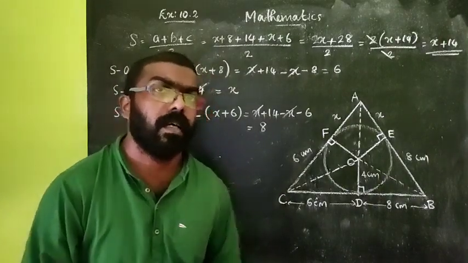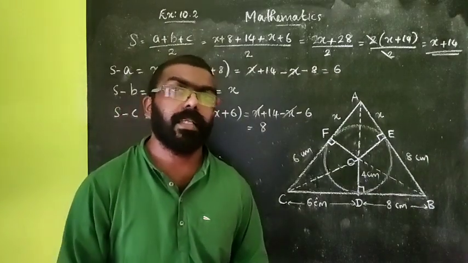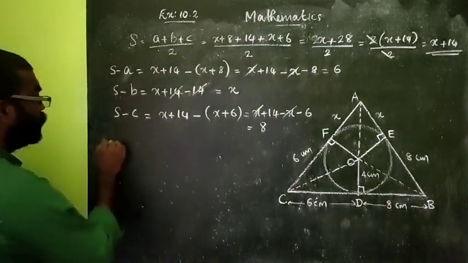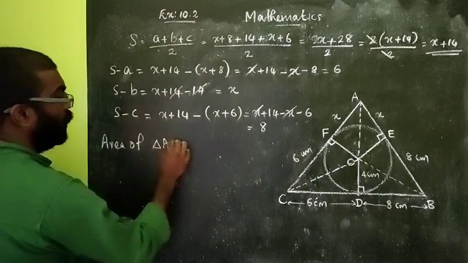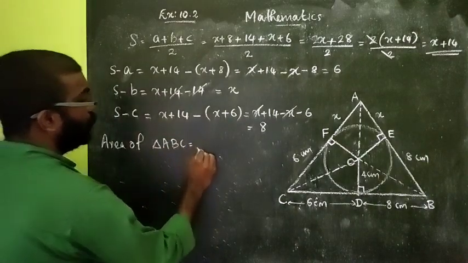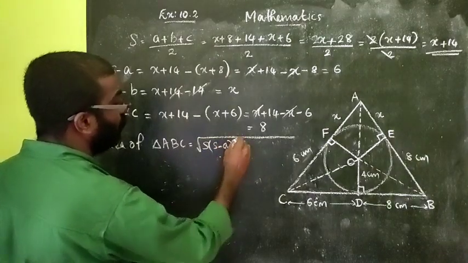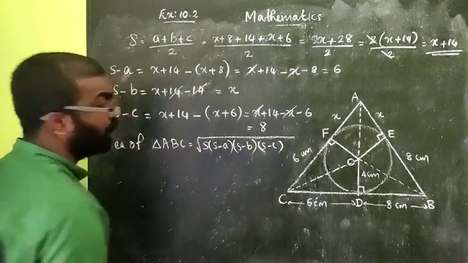Now we can use Heron's formula to find the area of this triangle. What is Heron's formula? Area of triangle is equal to root of s into s minus a into s minus b into s minus c. So here we can write area of triangle ABC equal to square root of s into s minus a into s minus b into s minus c.